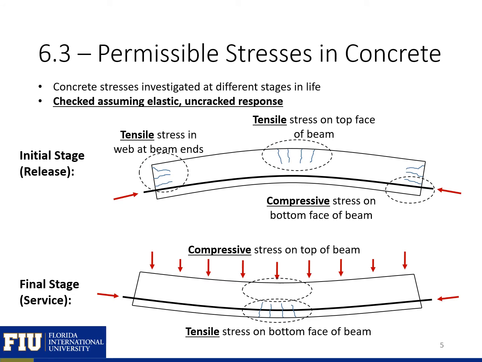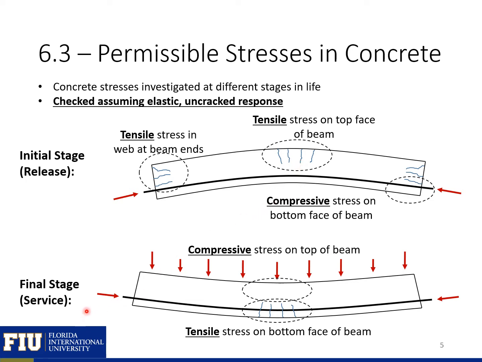The permissible stress in the concrete depends on the time when we're checking stress, the location along the beam where we're checking for stress, and the type of stress that we have, whether it be tension or compression. Typically, during the initial stage, we need to check tension at the ends of the beam, we need to check compression at the ends of the beam, and we need to check tension at the top face of the beam at midspan.